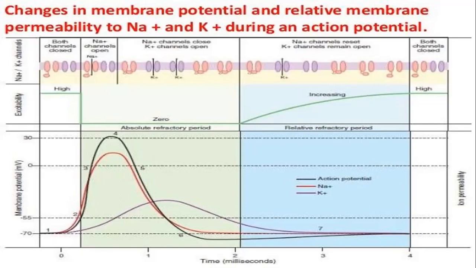We said that the sodium channels are fast to open and fast to close, while the potassium channels are slow to open, but they remain open for longer interval. So the activity of sodium channels here is more. And once sodium channels open, they follow a positive feedback mechanism, which is called the Hodgkin cycle, while the potassium channels follow a negative feedback mechanism.